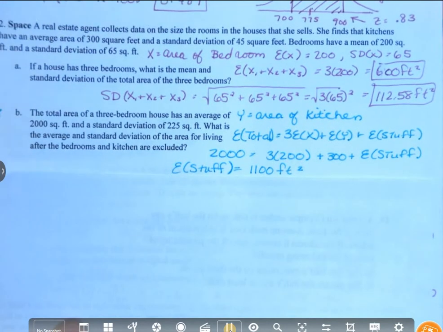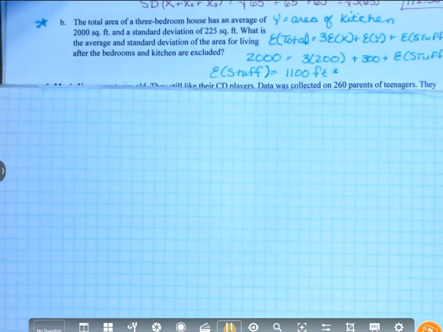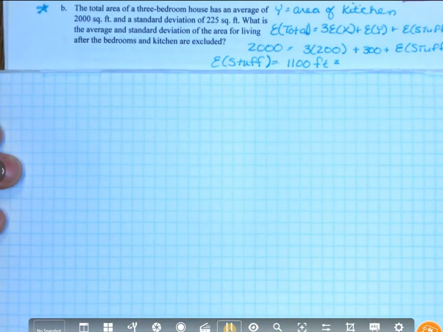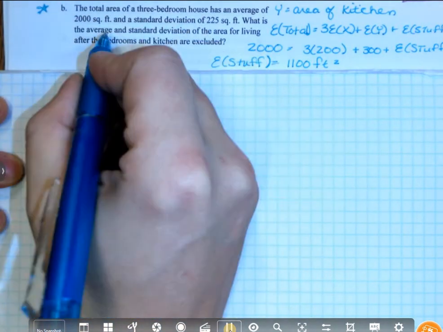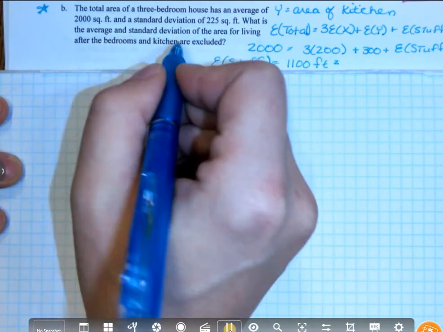I'm not going to give you a problem like this on a test or quiz, so I want to work it out for you, the standard deviation. For B, what is the average and standard deviation of the area for living after the bedrooms and kitchen are excluded.